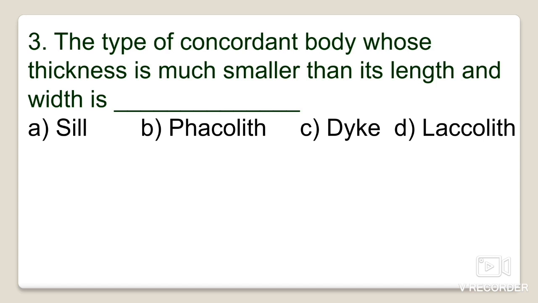Third one: the type of concordant body whose thickness is much smaller than its length and width is known as. You have to understand the terminology; sometimes the answer is hidden in the question itself. The only thing required is to read the question patiently.